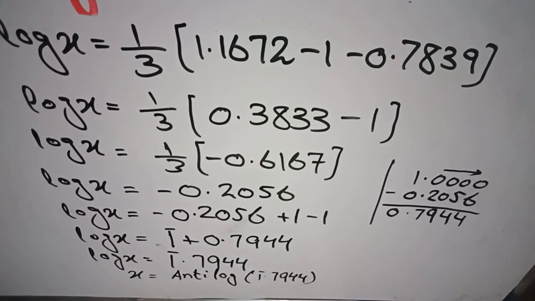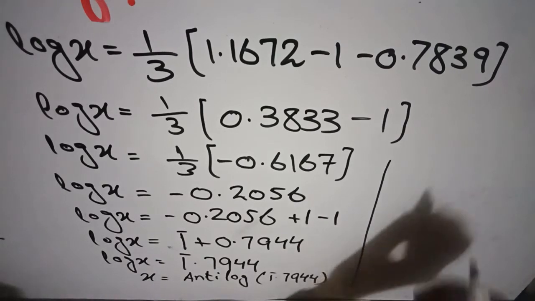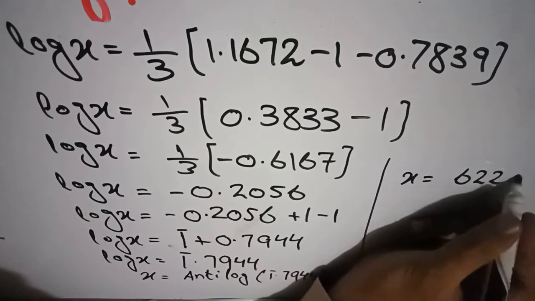Now I am taking the antilog. To find the antilogarithm you will take the decimal portion, 0.7944, from the antilog table. Take the 0.79th row, 4th column and 4th mean difference column, and we will get the value that x is equal to 6229.